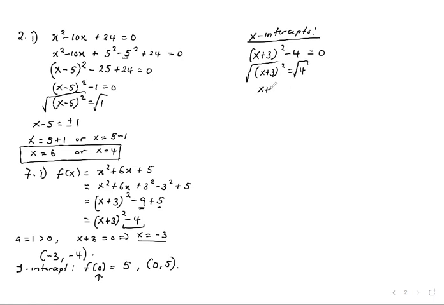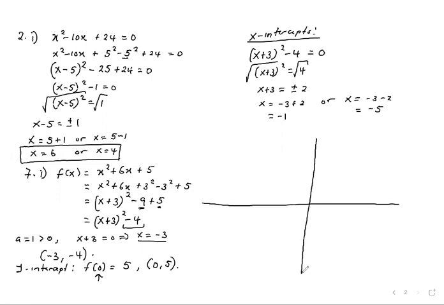So you have x plus 3 is equal to plus or minus 2, so that x is equal to negative 3 plus 2, or x is equal to negative 3 minus 2, giving us negative 1, giving us negative 5. How do we use them in the sketch? So negative 1 and negative 5, that's where the graph will cut the x-axis.